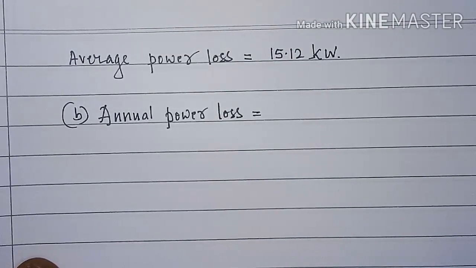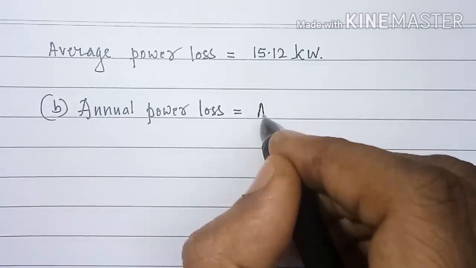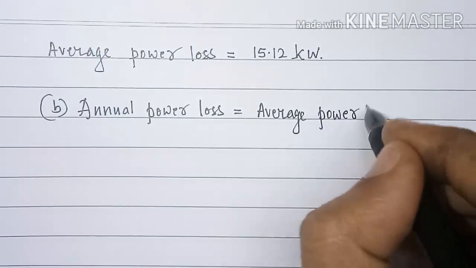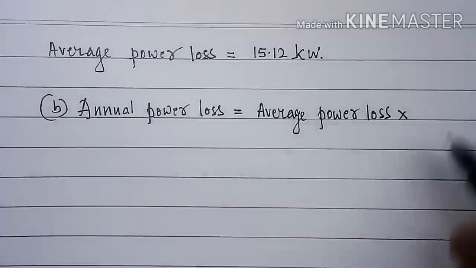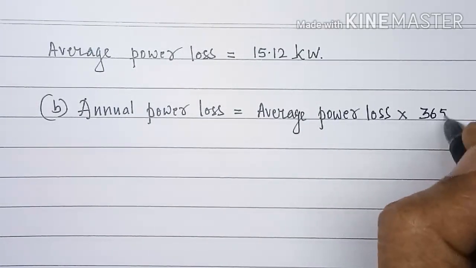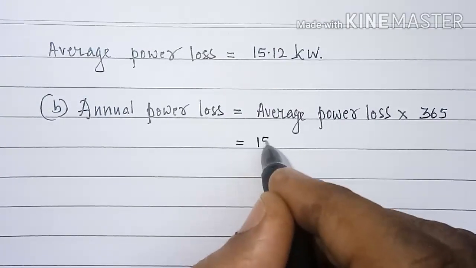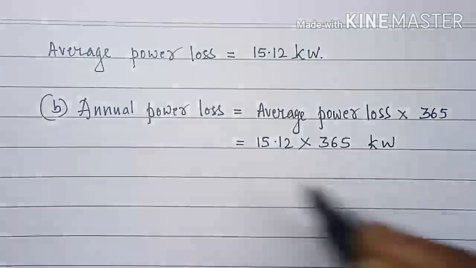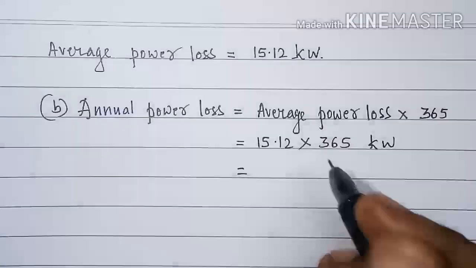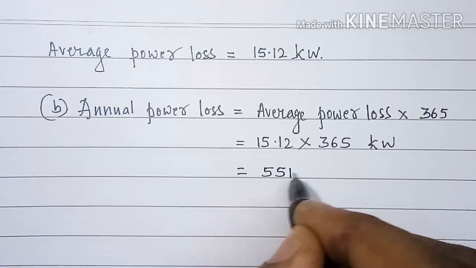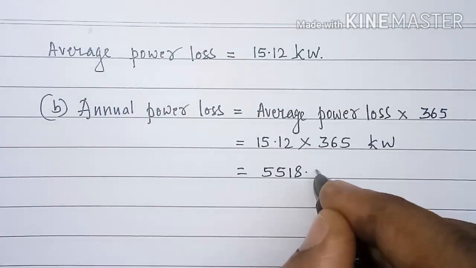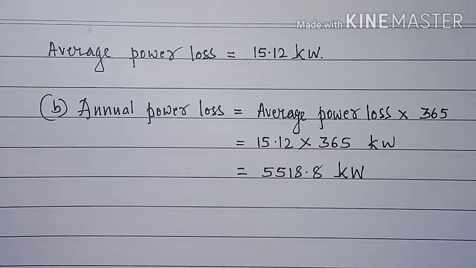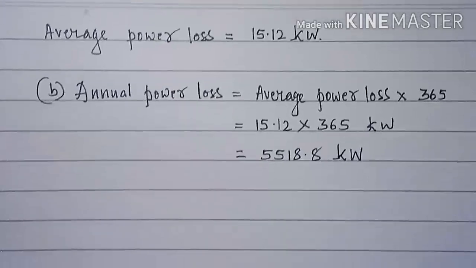Annual power loss is equal to average power loss into 365, that is 15.12 into 365 kilowatt, which comes out to be 5518.8 kilowatt. Next we have to calculate demand factor.